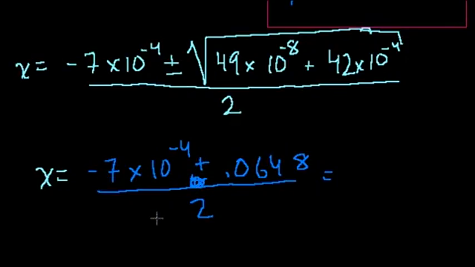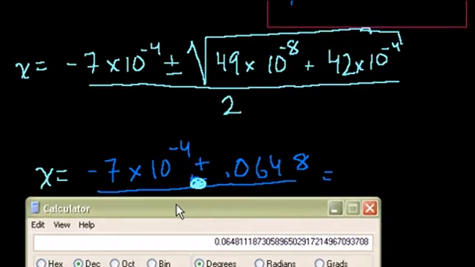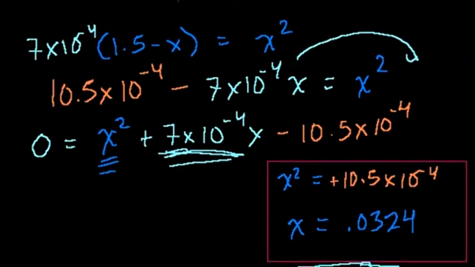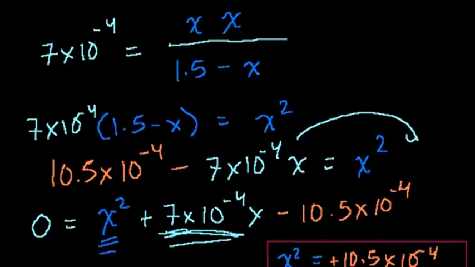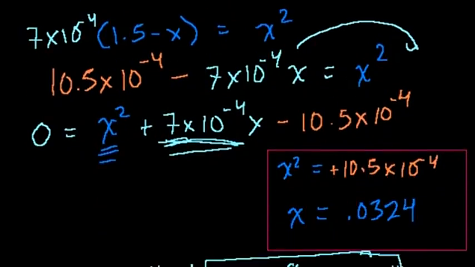So let's just worry about the plus sign, because we can't have a negative concentration. Actually, let me make sure the minus is there. So it's minus 7 times 10. Right. I just want to make sure I'm not making a mistake by putting a minus there. No, it looks right.